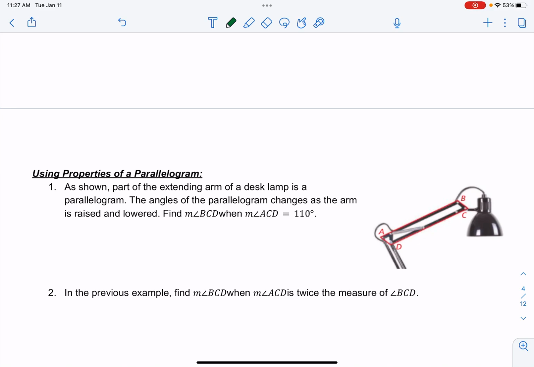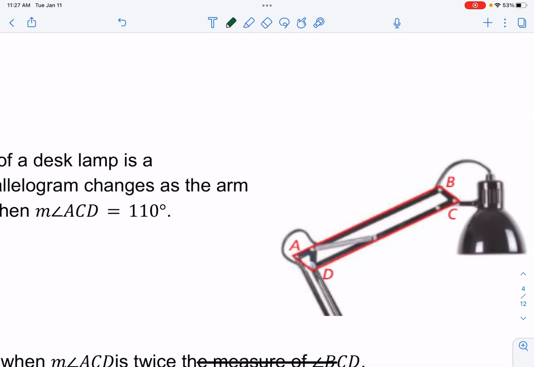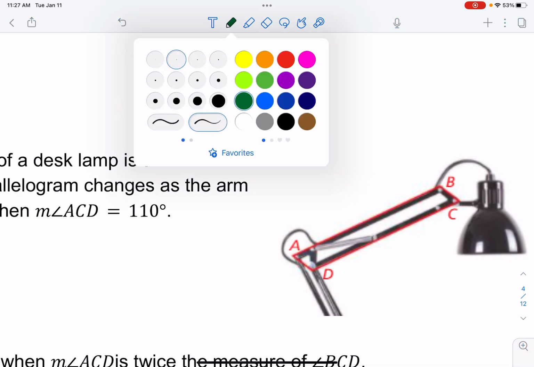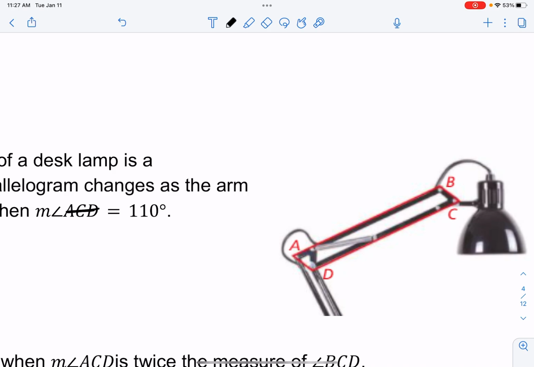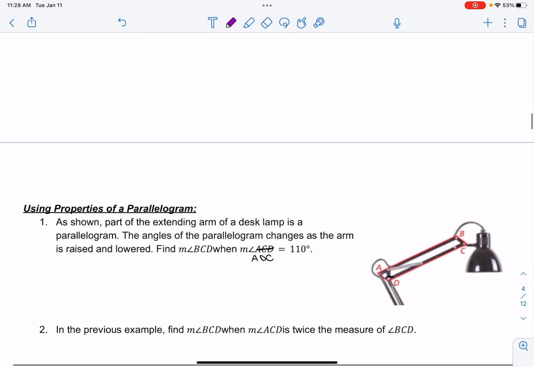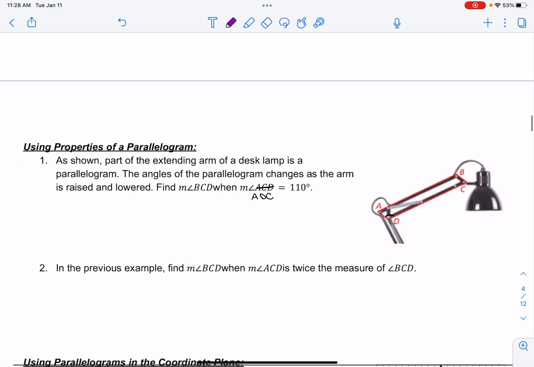So here's where the issue is. There is no angle ACD in this picture. It should actually say angle ADC. So it's talking about this angle right here. Okay, so if we need to find the measure of angle BCD, so that's going to be this angle here, and they tell us that ADC is 110, those two angles are consecutive, and we know that consecutive angles are supplementary.